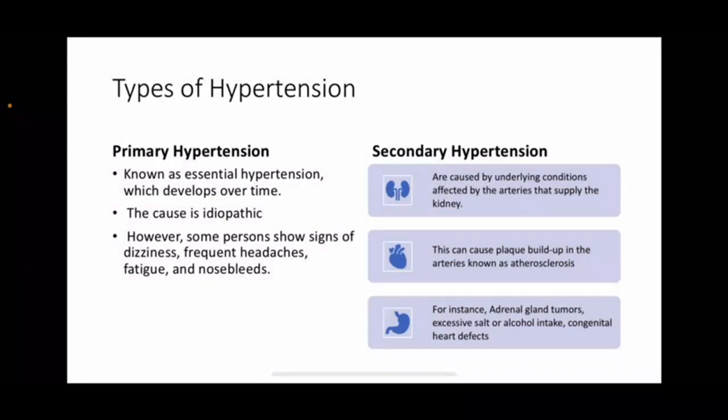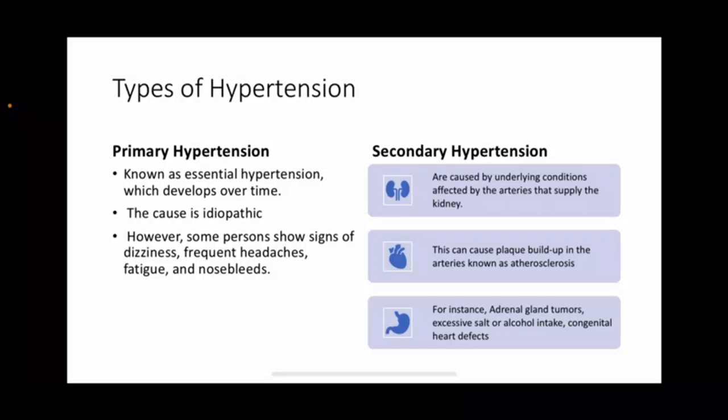In the primary hypertension, it is known as an essential hypertension which develops over time. The cause is idiopathic. However, some persons show signs of dizziness, frequent headaches, fatigue, and nosebleed.